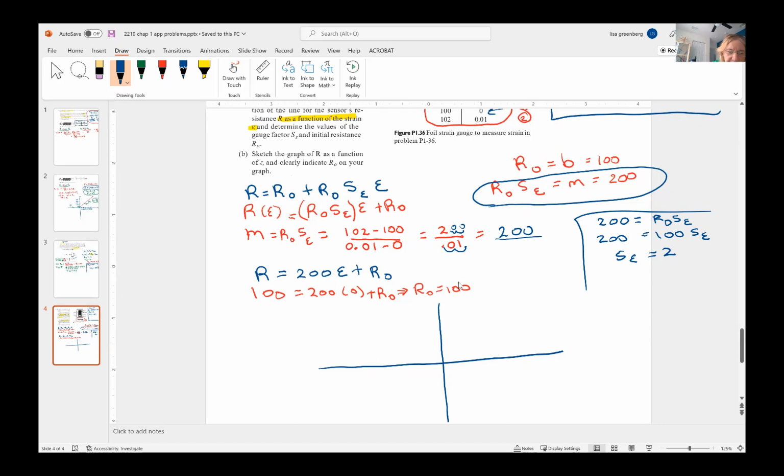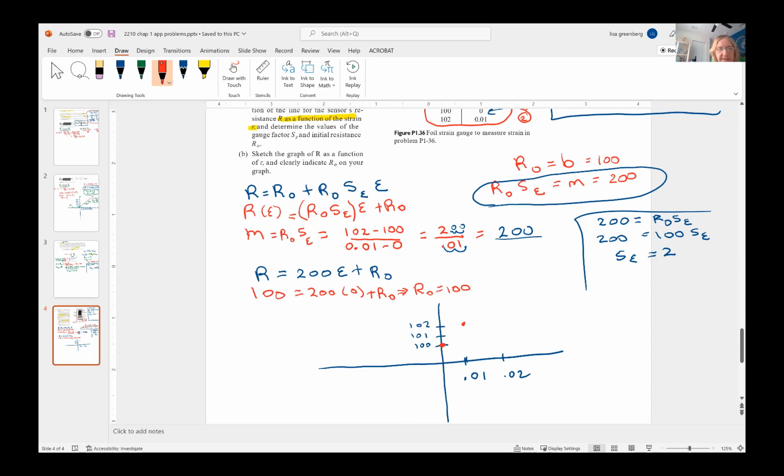I think what I'll do is I'll say this is 100, and then this will be 101, and this will be 102, because otherwise it's going to be too hard to see the difference in the points. And it's going from 0 to 0.01, so there's 0, and we'll make this 0.01, 0.02, and so on. Okay, so I have my 2 points, 0, 100, and 0.01, 102.